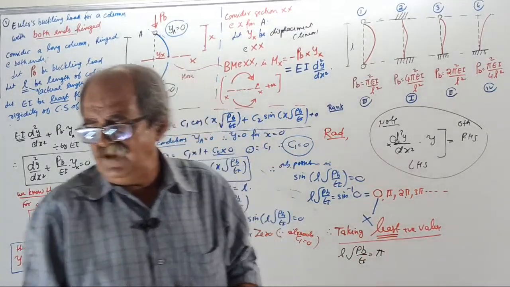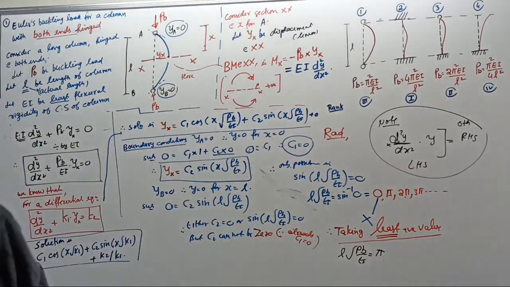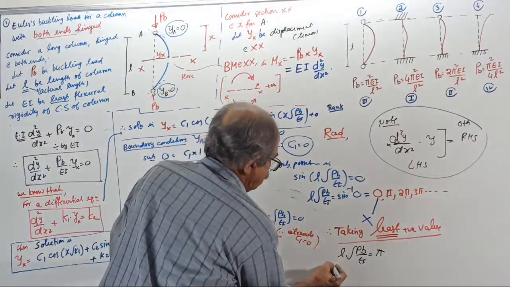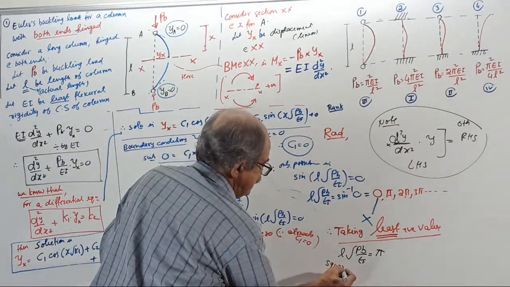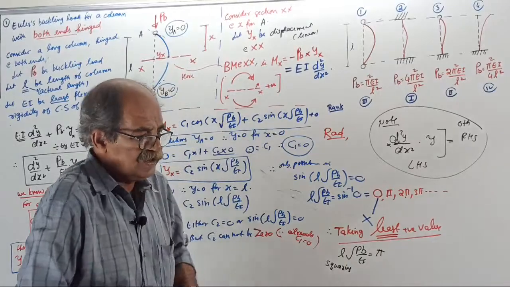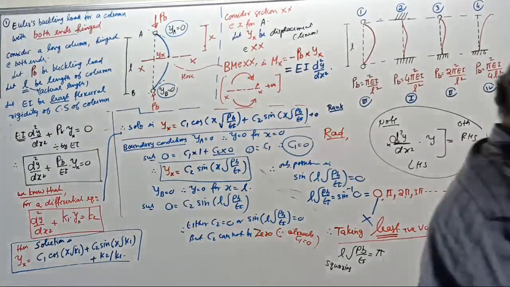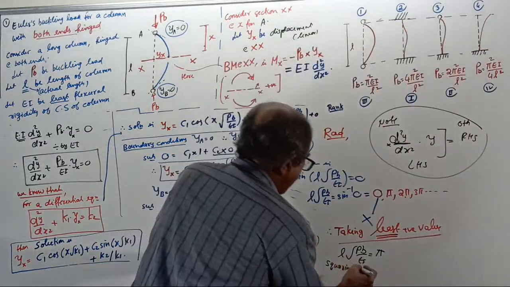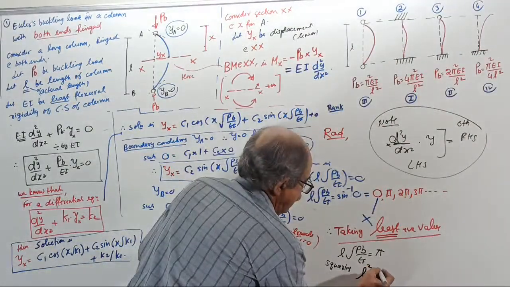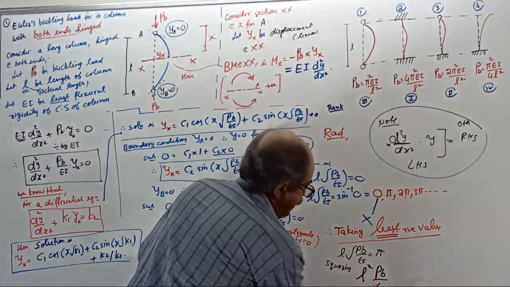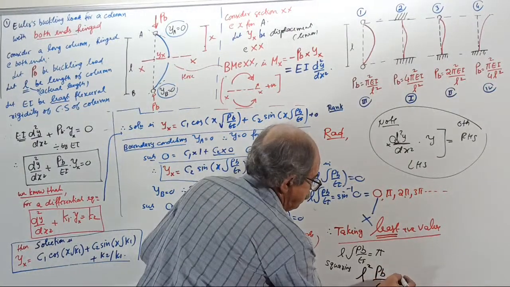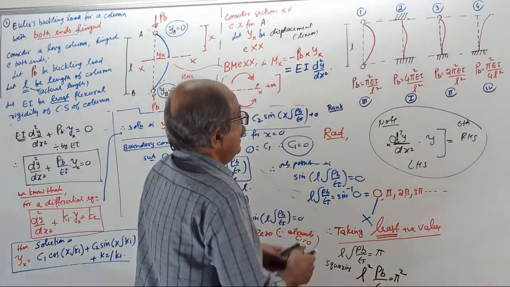Now square both sides. Squaring, you get L square into PB by EI equal to pi square. Now this is over.